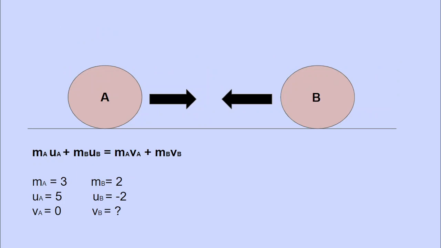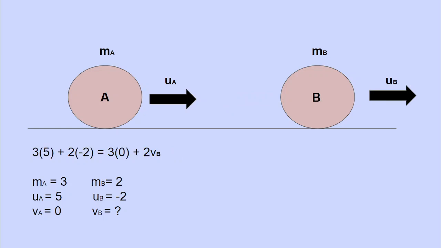So what do we do? Well, we know that UB has a velocity of 2, but it's in the opposite direction to the velocity of UA. Therefore, we are going to make the velocity of UB negative. We just substitute this value into the equation.